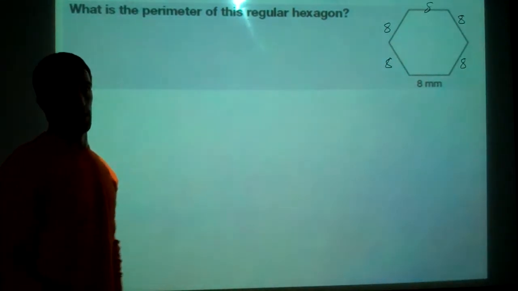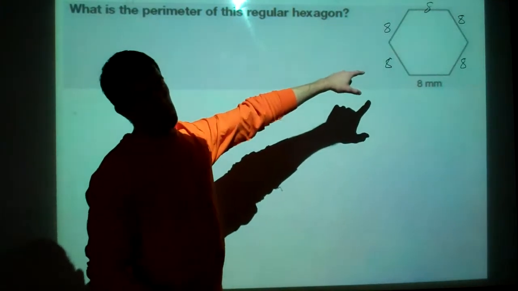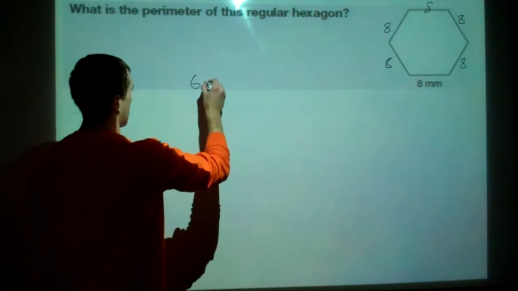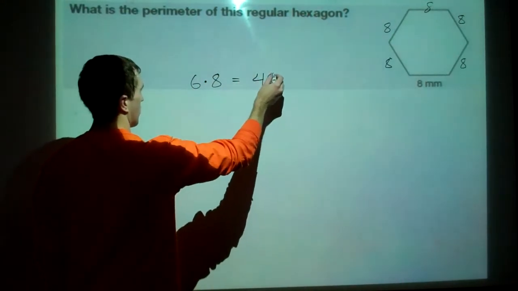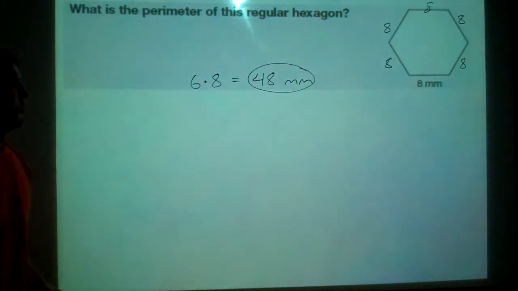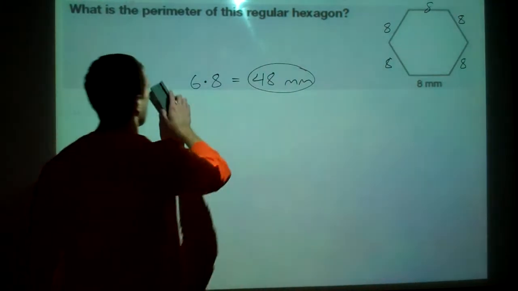And if we take a shortcut here, we have a hexagon. That's a 6-sided figure. We can confirm that with our figure over there. 6 sides that are 8 millimeters long gives us 48 millimeters for that one. Alright, so a little review on what polygons are.